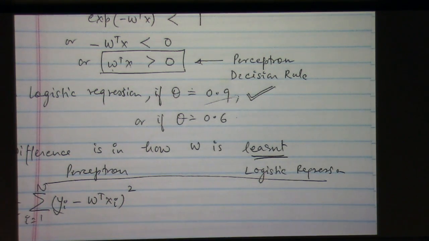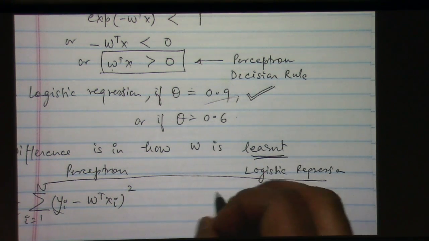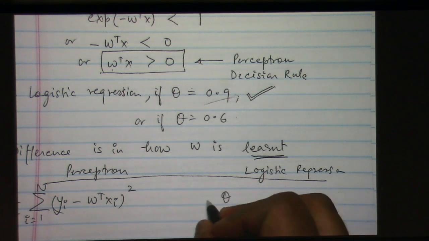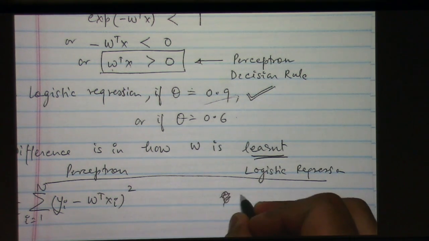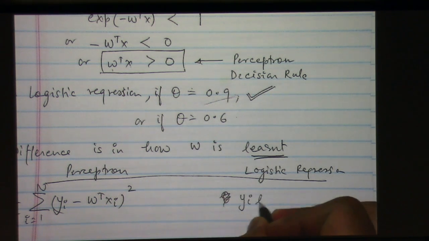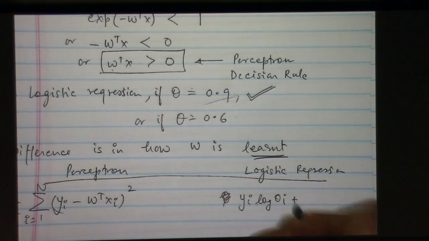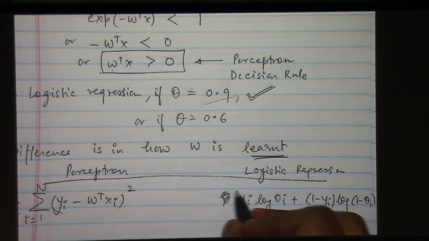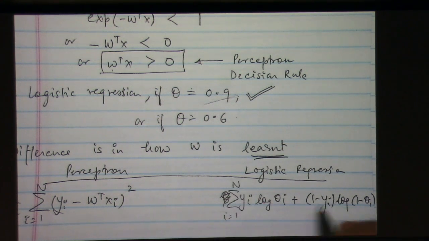In the case of logistic regression, we do a log likelihood, and our function looks like this. It is yi log of theta i plus 1 minus yi log of 1 minus theta i, summation i equal to 1 through n, where theta i is equal to 1 over 1 plus exp minus w transpose xi, right?